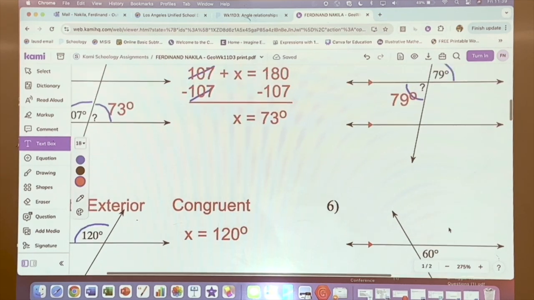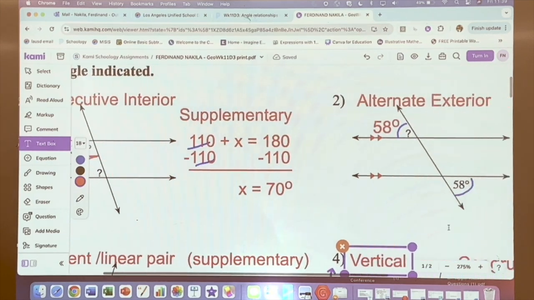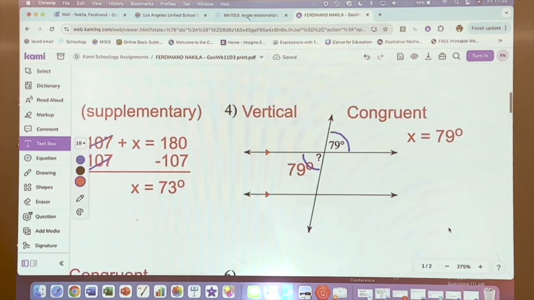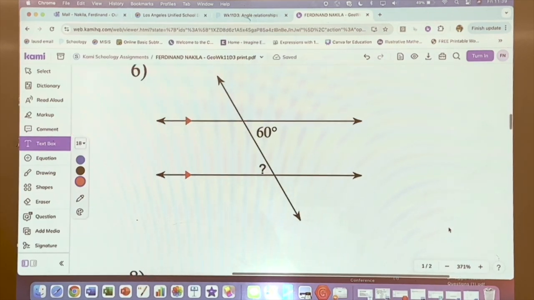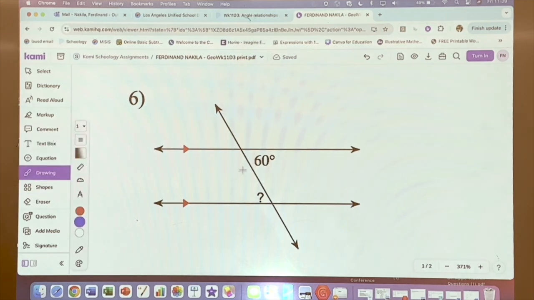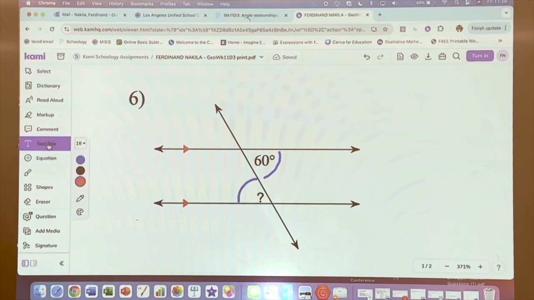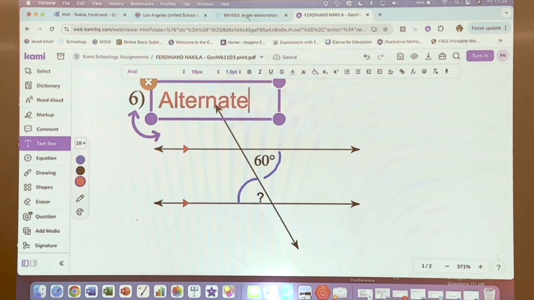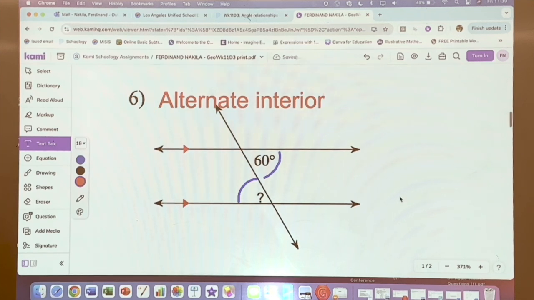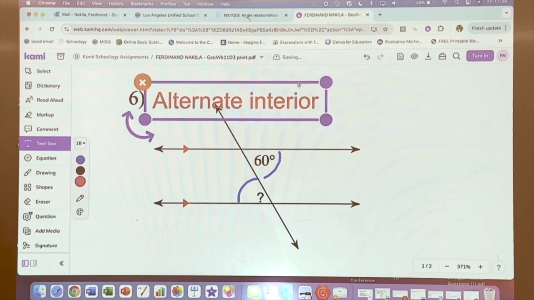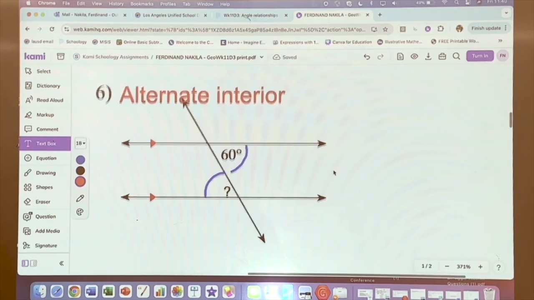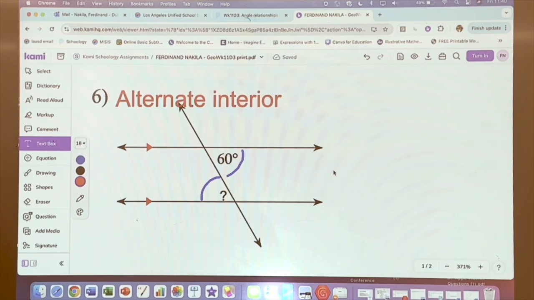Do we have alternate interior already? Not yet. Oh, we have both alternate exterior. Okay, what about number 6? I think this one is alternate interior, because they are both inside these two parallel lines. So once they are inside these two parallel lines, that's interior. Alternate interior. Alternate because they are on the left and on the right, opposing sides. Okay. And what's with the alternate interior?